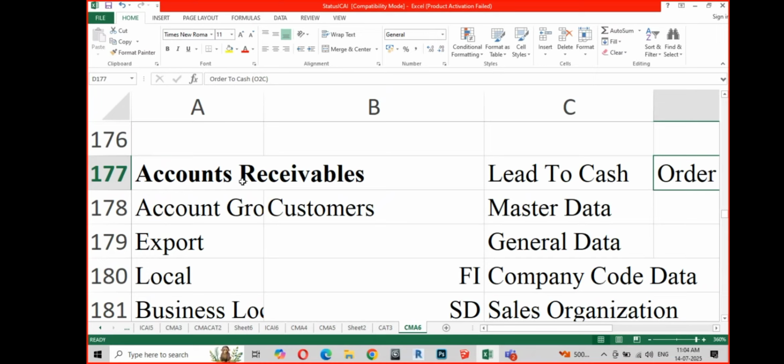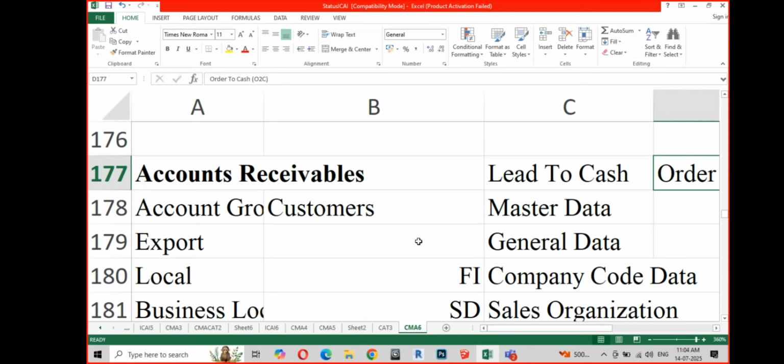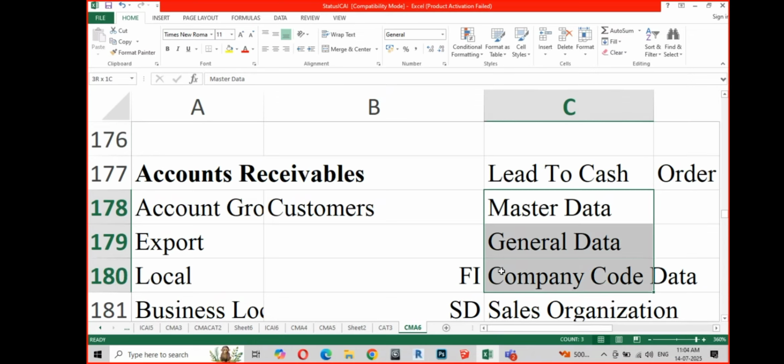And just like you had the vendor master data broken up into a couple of views, the customer master data is also broken up into the general view, the finance view, and the sales organization view.